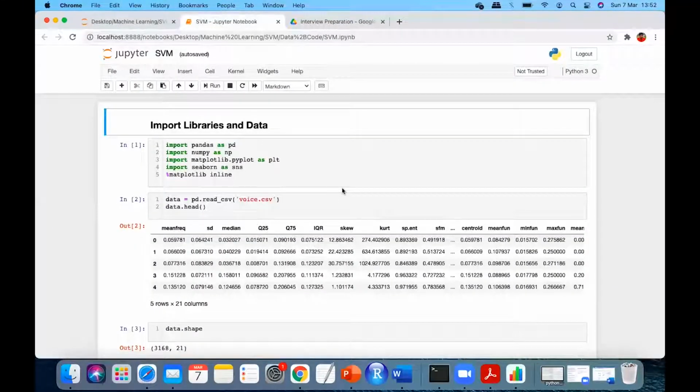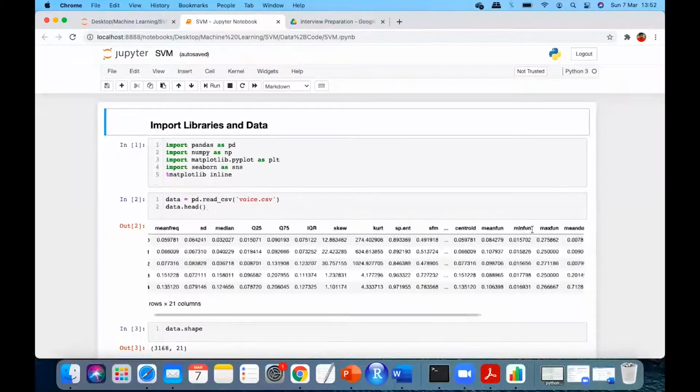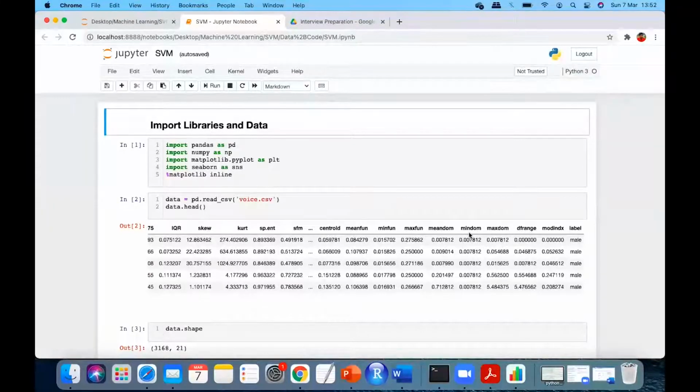Now, today's data set, I have tried with a voice sample data set. For example, if I have to classify between a male voice and a female voice based on the different statistical variables given. The variables look like this: mean frequency, standard deviation, median, Q25, Q75, IQR, skew, kurtosis, centroid, mean function, min function, max function, all these things.